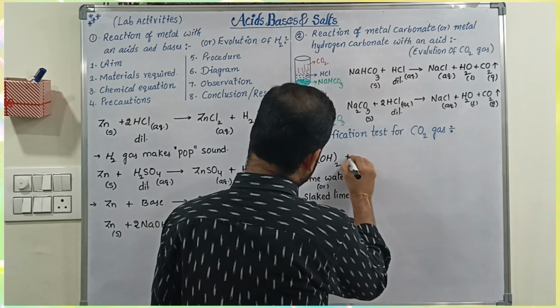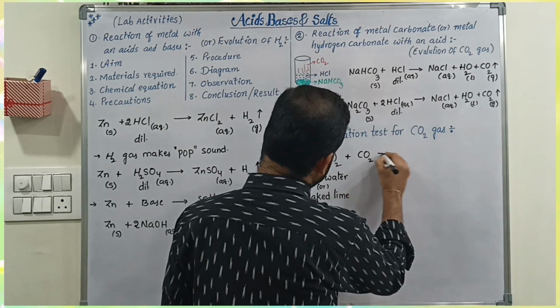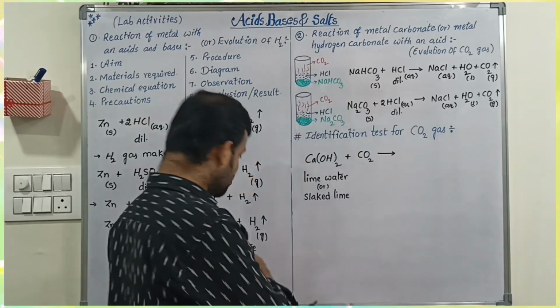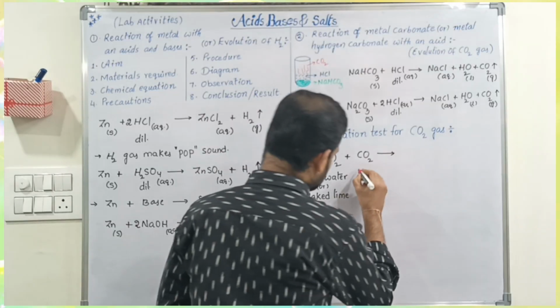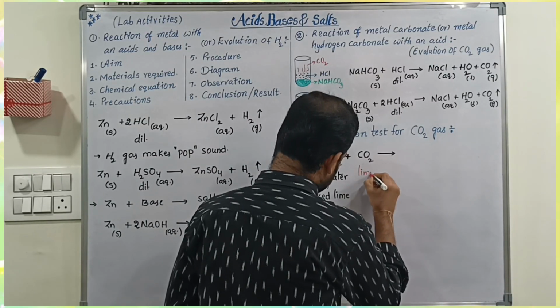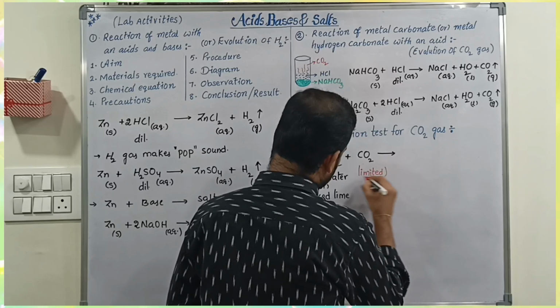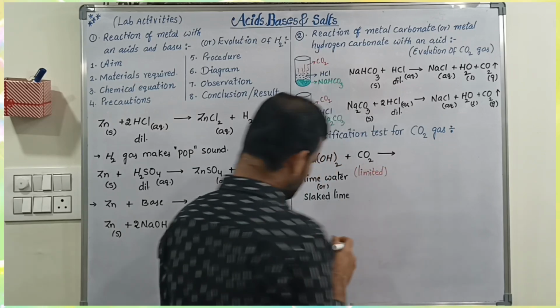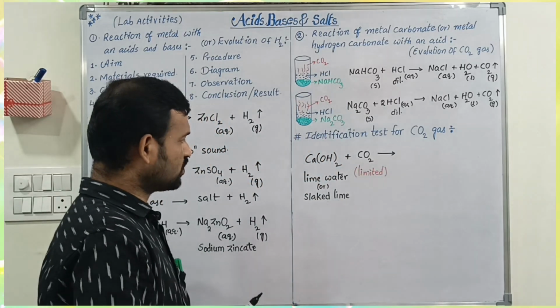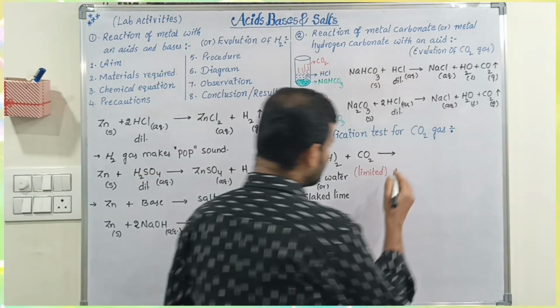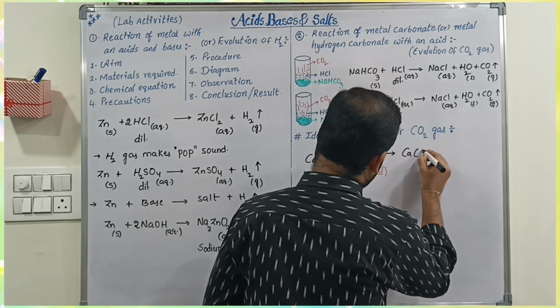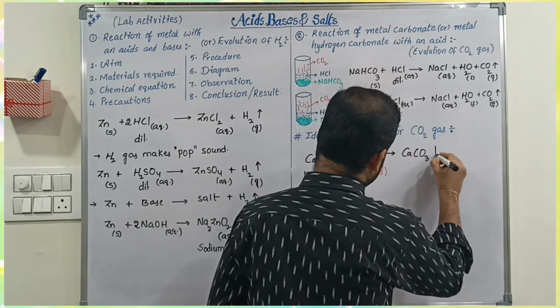So whenever we pass CO2 gas, here the CO2 gas is limited. Whenever we pass a limited amount of CO2 gas through lime water, what will happen? Calcium carbonate and water will be formed.